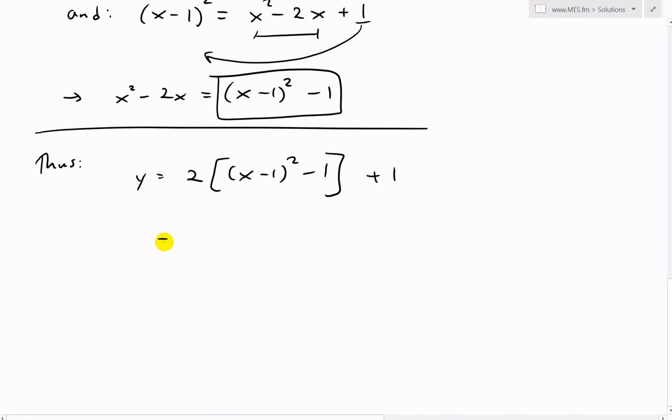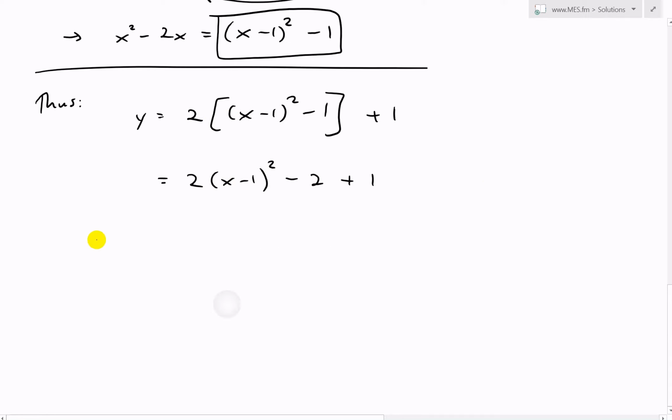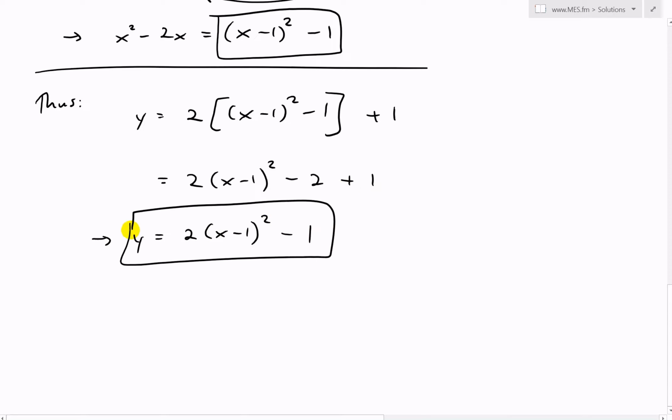So, simplifying further, multiplying the 2 inside, we get 2 times x minus 1 squared, and then 2 times negative 1 is negative 2, plus 1. Now finally, y equals 2 times x minus 1 squared, and then negative 2 plus 1 is just minus 1. So there is our equation of a parabola.